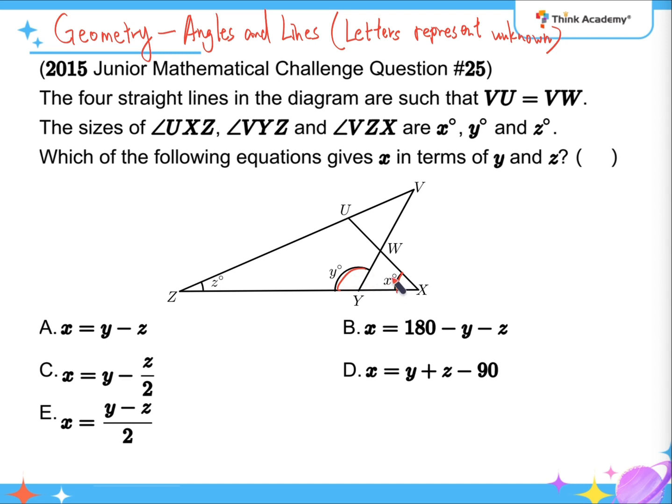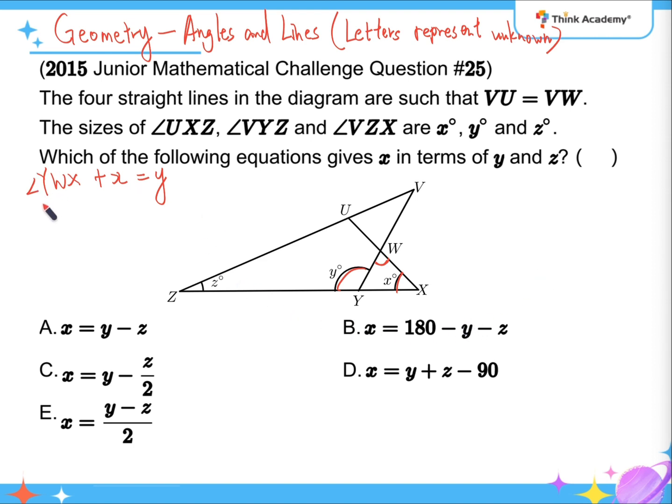So if you still remember the rule about the exterior angle equals the two non-adjacent interior angles, we know that angle YWX, which is this one, adding x is equal to y. Because the exterior angle of a triangle is equal to the sum of the two non-adjacent interior angles.